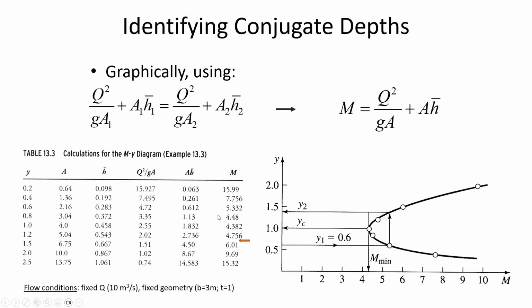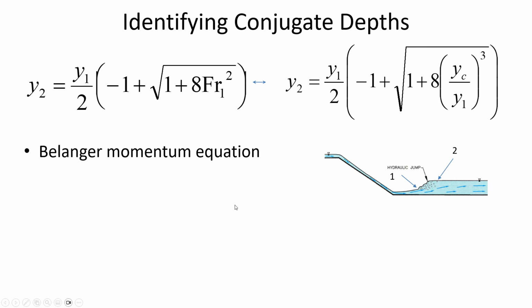So there's a graphical method to do it, and there's also this Belanger Momentum Equation where you can numerically solve for the downstream subcritical depth after the hydraulic jump using either of these equations. And it's the same thing where we can either use the Froude number upstream, or we can use the ratio of the critical depth to the upstream depth.